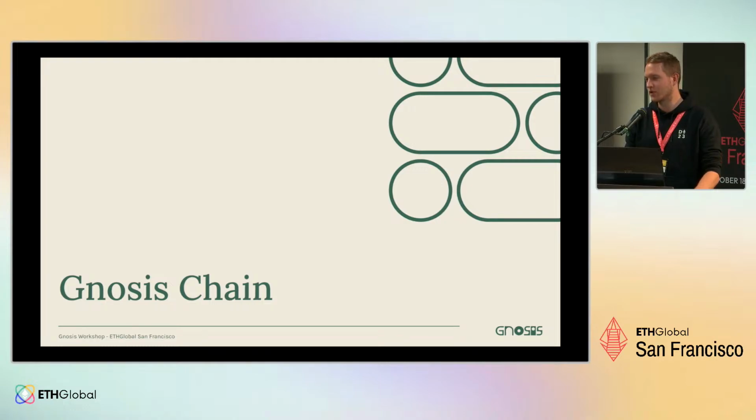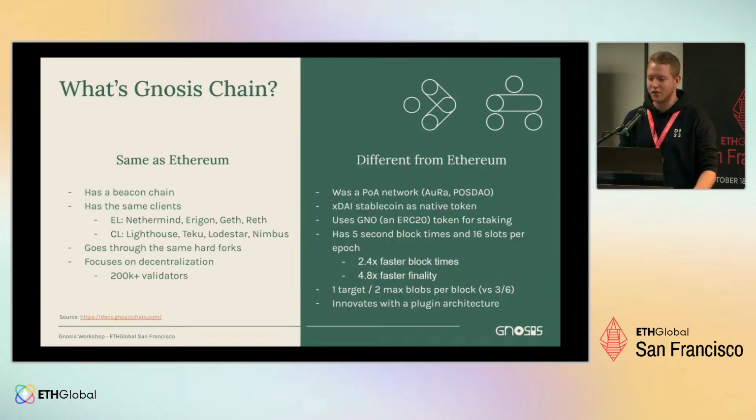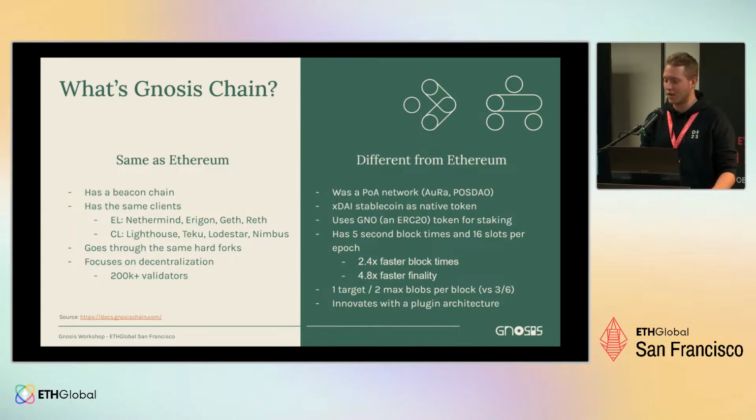All right, so I'm just going to be talking about Gnosis chain a bit, just to explain, because some people still don't know what it is. So basically, Gnosis chain is quite similar to Ethereum. We have a beacon chain and an execution layer as well. We use the same clients, mostly Nethermind and Erigon, but Geth and Reth are also coming. On the consensus layer side, you also use Lighthouse, Teku, Lodestar, and Nimbus, so basically the same clients.